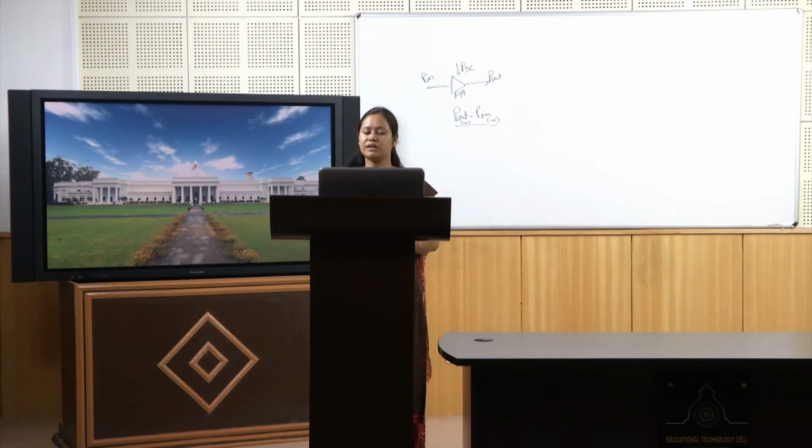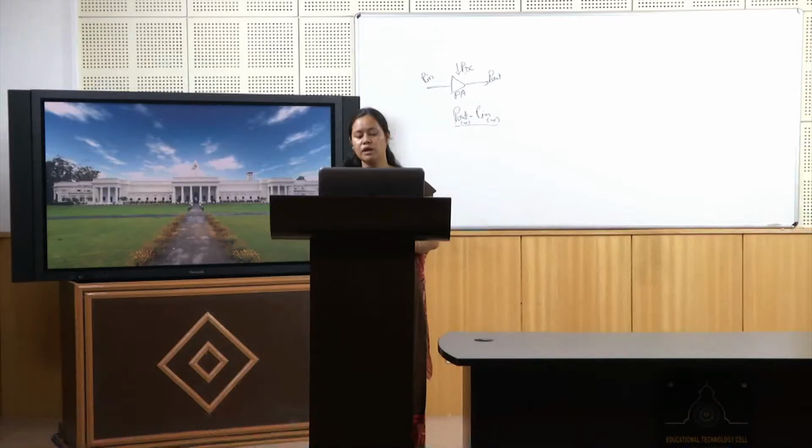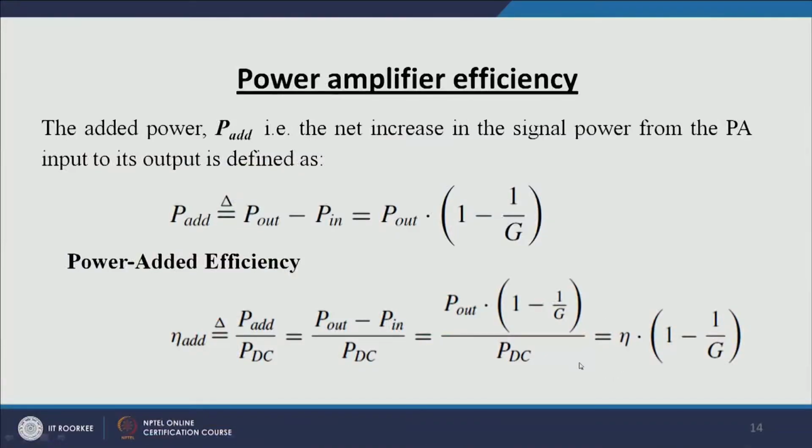So if we just know the gain of the power amplifier, the output power and the DC power, we can still calculate the power added efficiency. Moreover, because P out upon PDC is actually the drain efficiency.